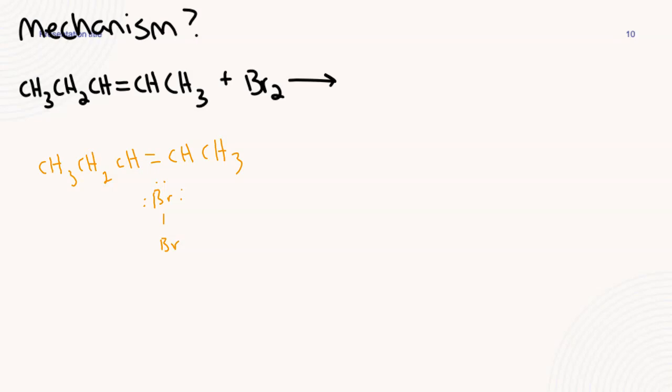The double bond is nucleophilic. It's going to attack this bromine. One of these lone pairs of electrons on the bromine is going to come right back and attack one of the double bonded carbons. And then that bromine to bromine bond is going to break.